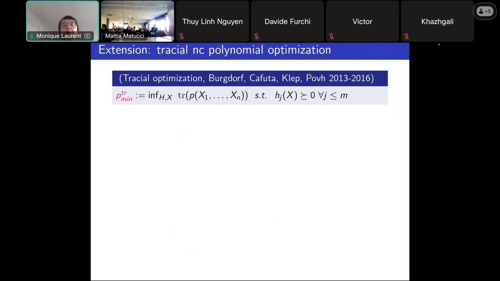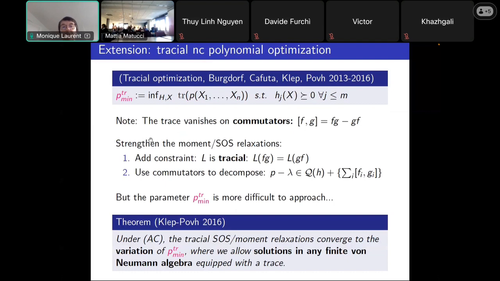The first other setting you could look at is, instead of minimizing the smallest eigenvalue, to minimize the trace of a polynomial evaluated at operators. So this is what you would do. Then you could also design a non-commutative hierarchy.